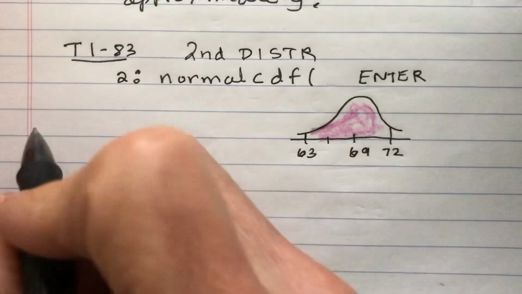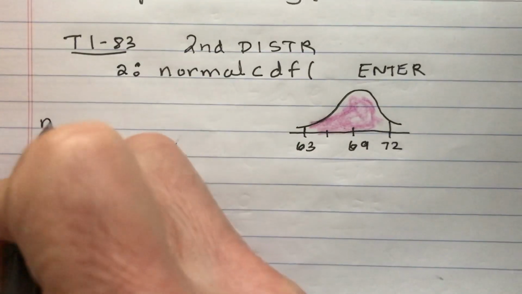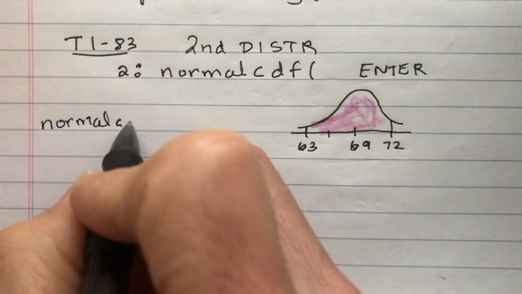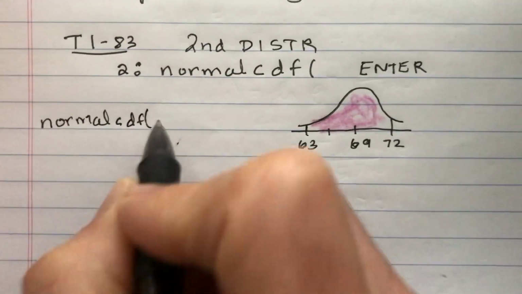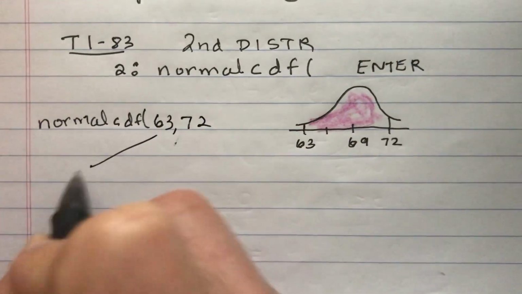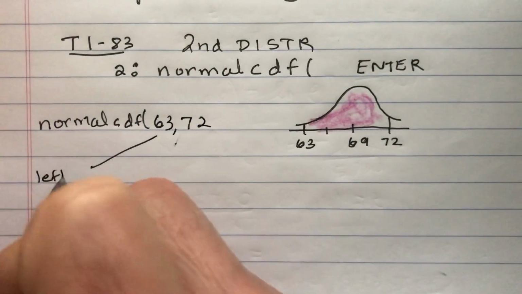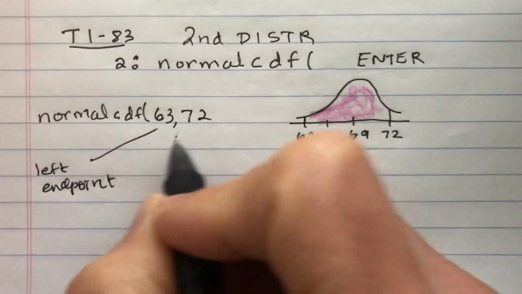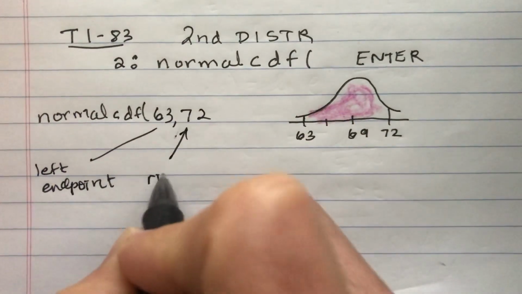And so when you get to normal CDF, we're going to put 63 and 72. The order is left endpoint and then right endpoint.